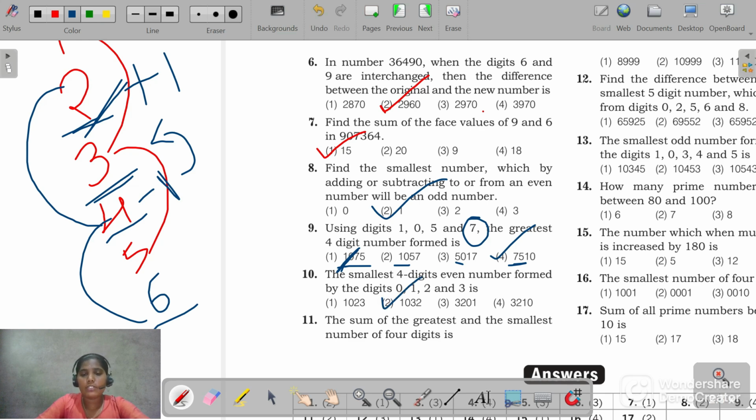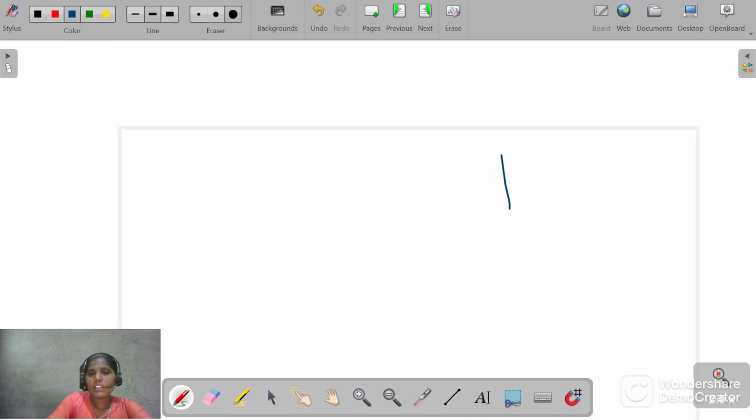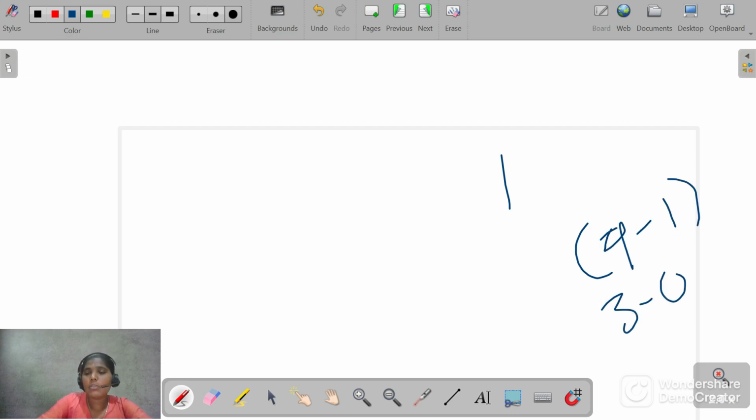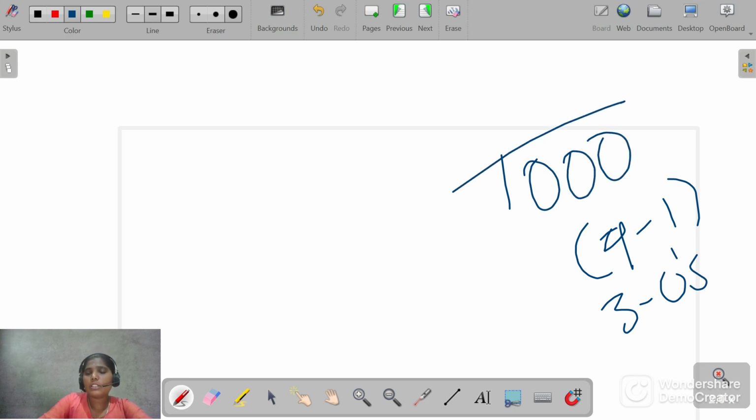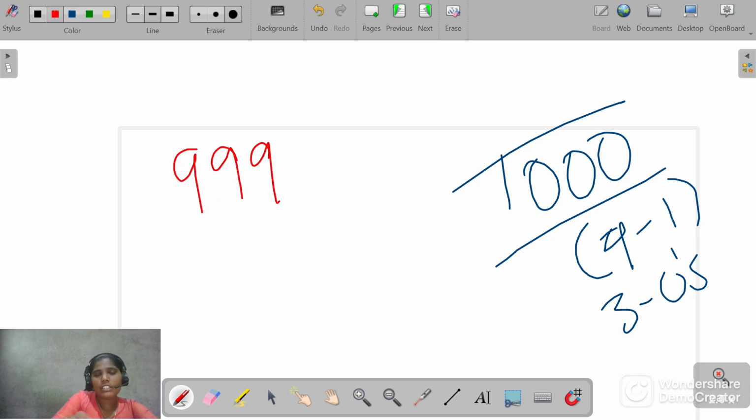The sum of greatest and smallest number of four digits is. So 1 followed by, how to do this? 4 digits, so 4 minus 1, that will be 3 zeros. So 1, 0, 0, 0. This particular number is the smallest 4-digit number. And for finding the greatest number, I have already said if it's 4 digits, then write 4 nines. That's it.